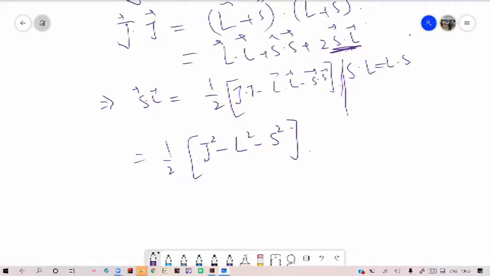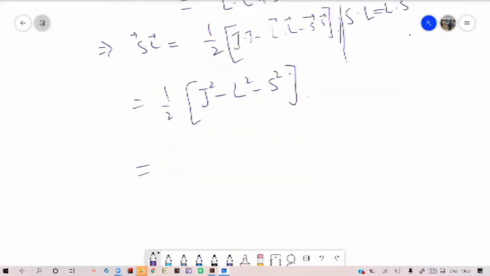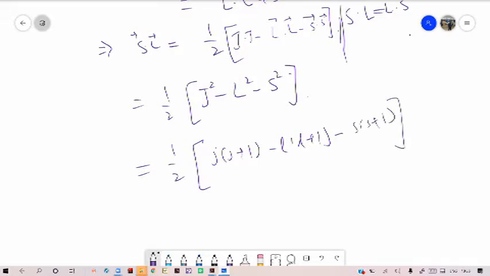Using the values of J equal to under root of J into J plus 1, we can write 1 by 2 J into J plus 1 minus L into L plus 1 minus S into S plus 1, times h cut square, that is h square by 4 pi square.